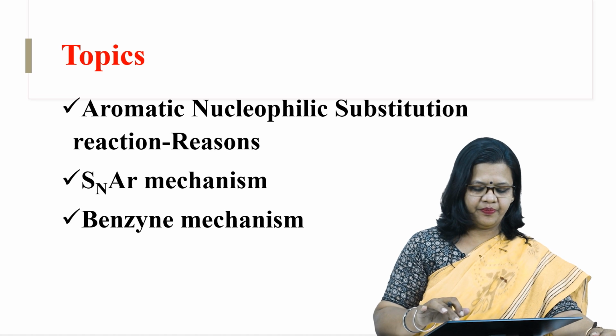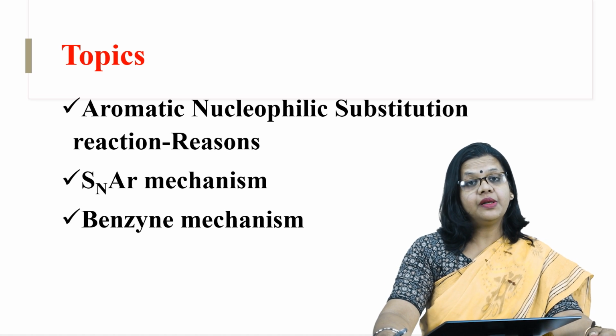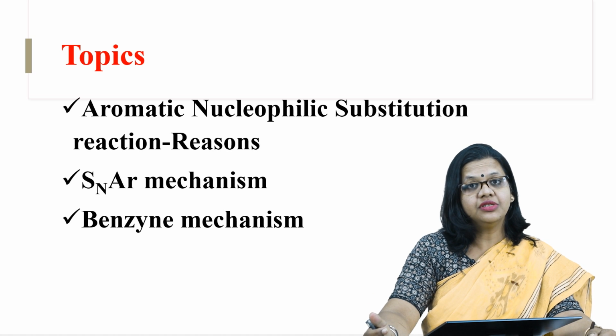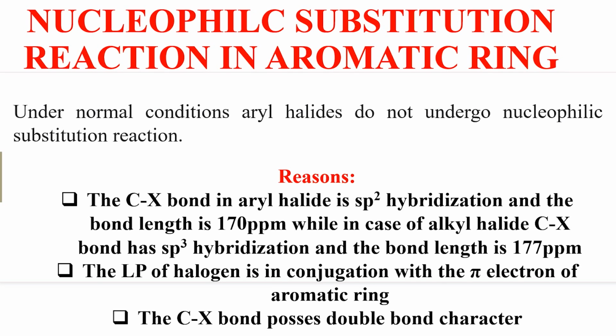So, let us begin. The topics that we will be covering today are aromatic nucleophilic substitution reactions, the reason behind these reactions, and the specific two examples, that is SNAr mechanism and benzyne mechanism.